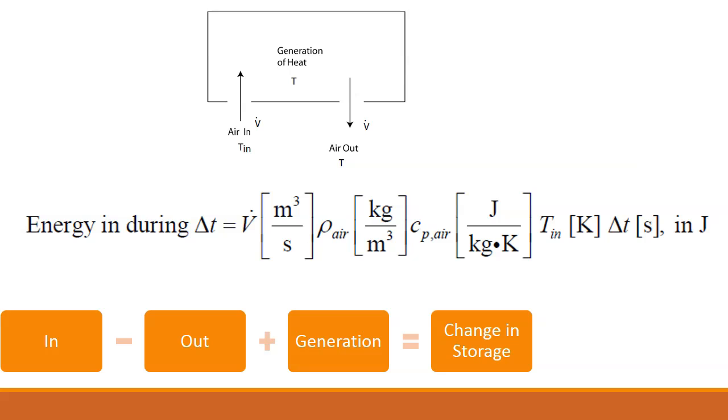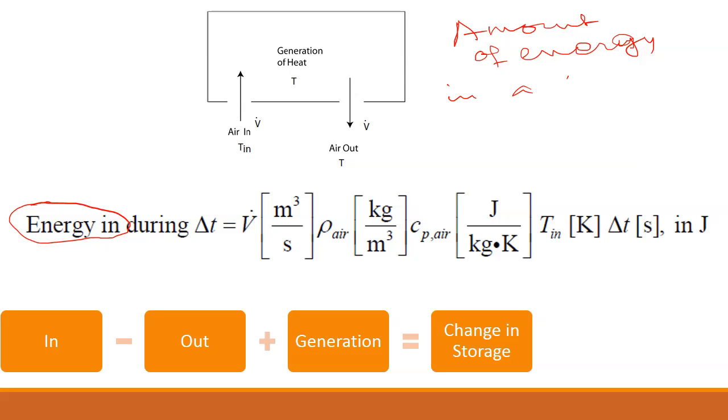Okay, so the first term we want to calculate is energy in. The amount of energy in a mass is m Cp (T minus T ref).